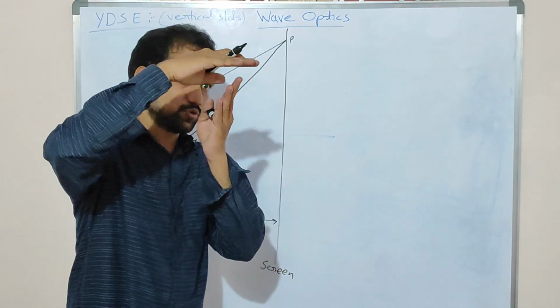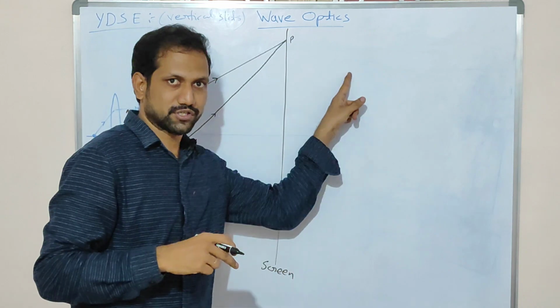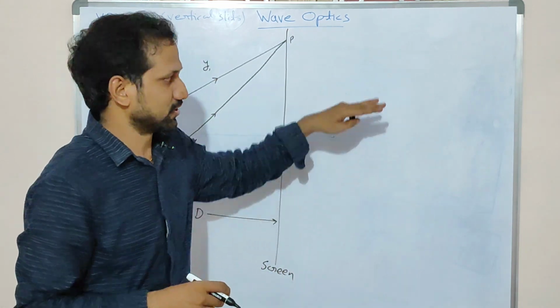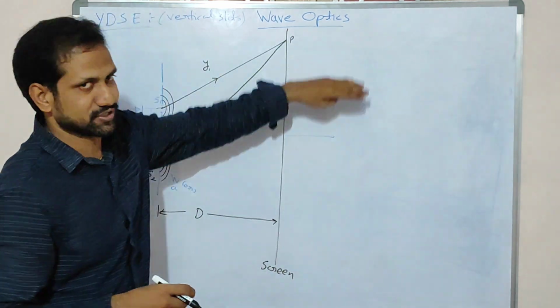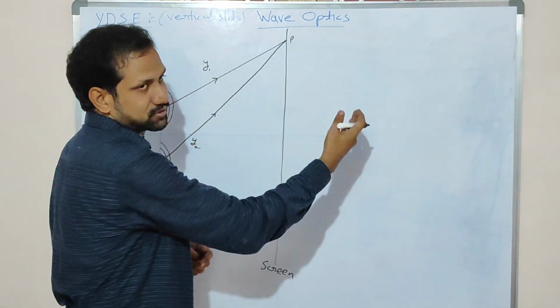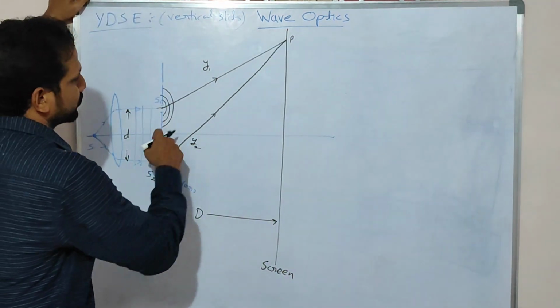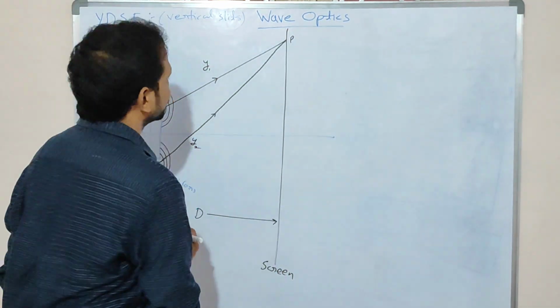If I had used two slits in front of this board, then you would see bright and dark fringes here. You are not seeing them because there are no slits. So the purpose of the slits is to make the waves coherent.